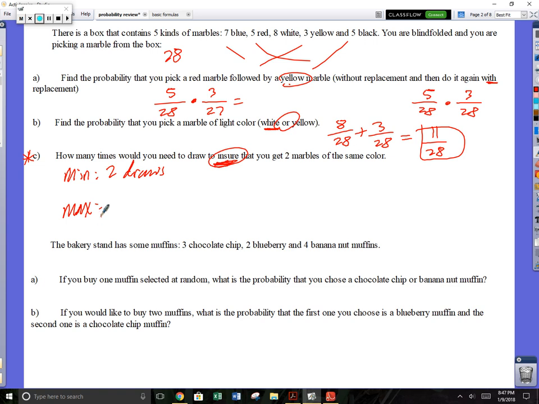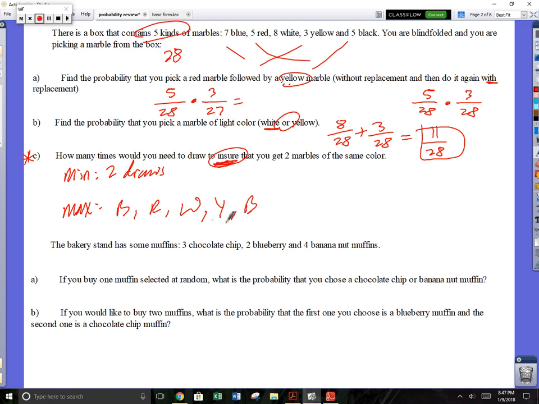Now the maximum is going to happen at the other extreme. Let's say you reach in and every time you draw a different color. So there are 5 colors. So your first draw, let's say, is a blue, then your second draw is a red, then your third draw is a white, then your fourth draw is a yellow, then your fifth draw is a black.